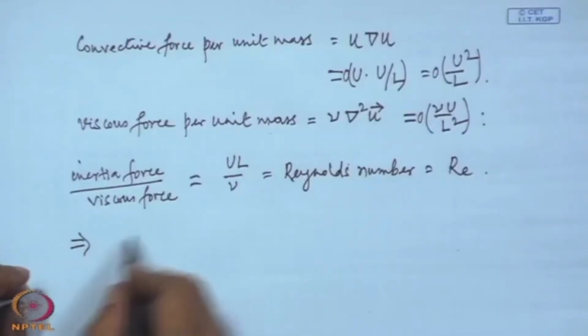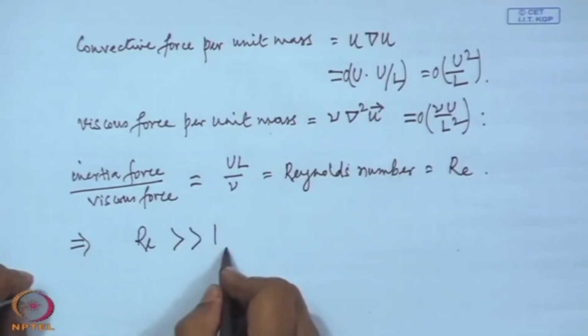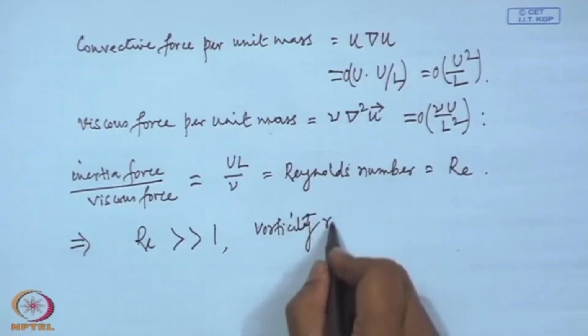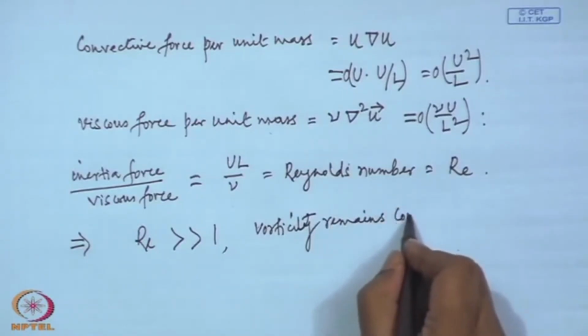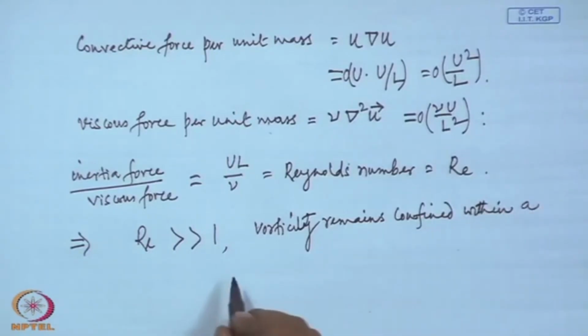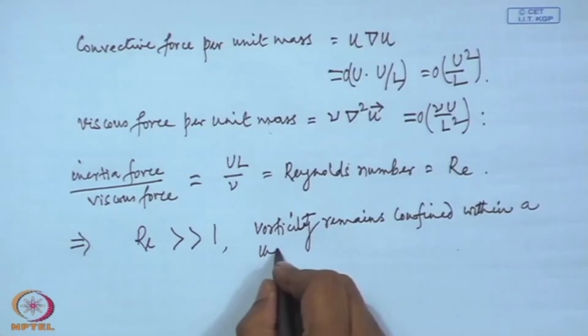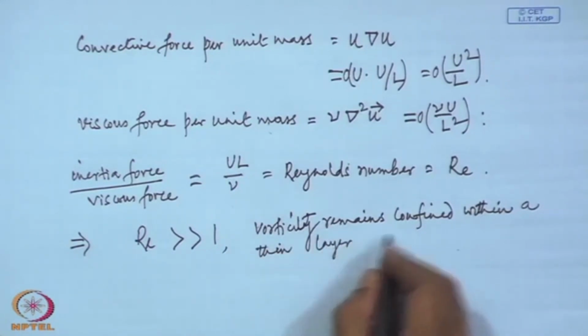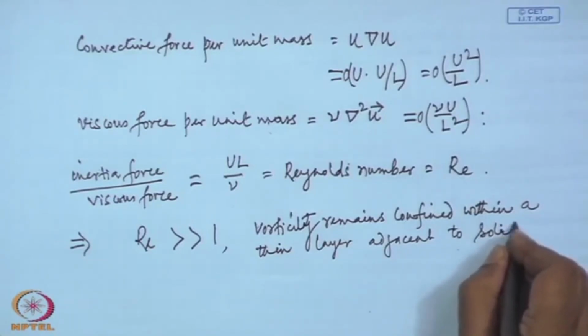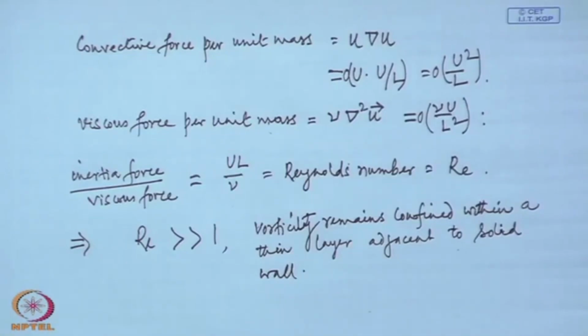So, when Reynolds number is much larger than 1, and also you can see that as Reynolds number goes on increasing, the thickness of that layer becomes smaller and smaller.